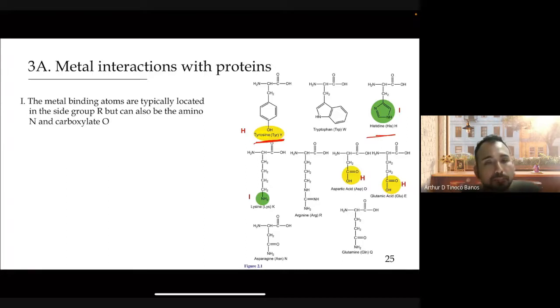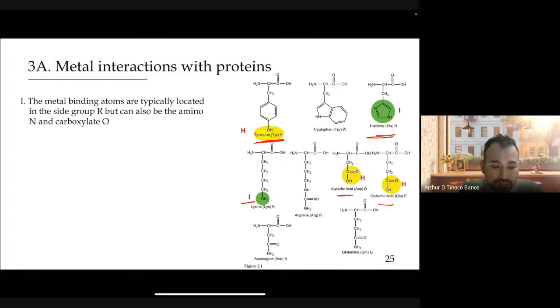You also have lysines that can interact with metals through the amino group of the side group. You have aspartic acid and glutamic acid, or typically aspartate and glutamate, interacting with metals. Again, we have the perspective of whether they are hard, intermediate, or soft, based on the atoms that can coordinate to a metal center.